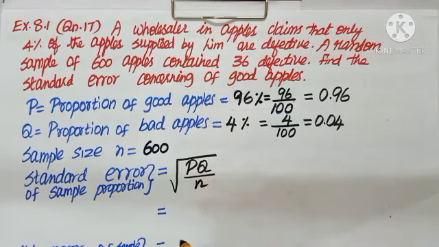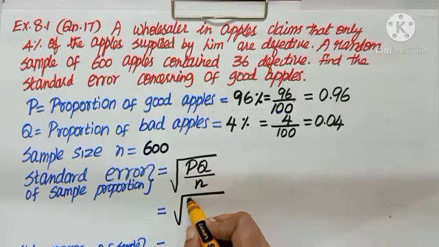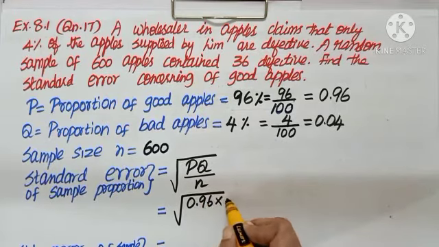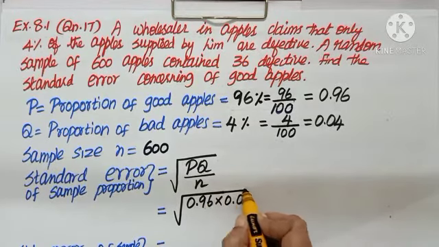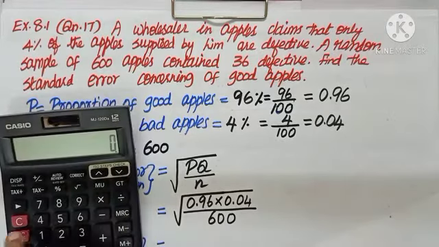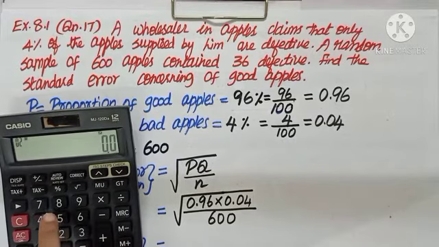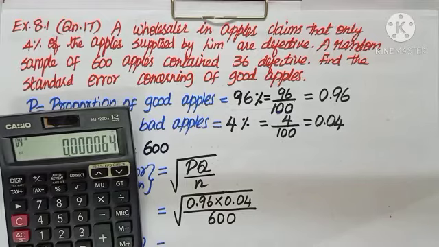Substitute in the formula. Root of PQ by n, 0.96 into 0.04 divided by 600. Use a calculator and find out the answer. 0.96 into 0.04 divided by 600 equals 0.4064.